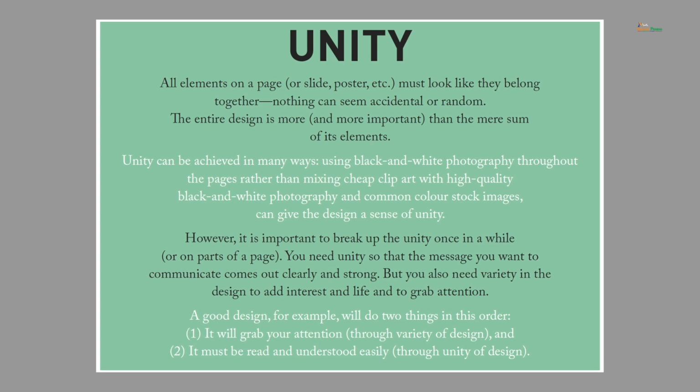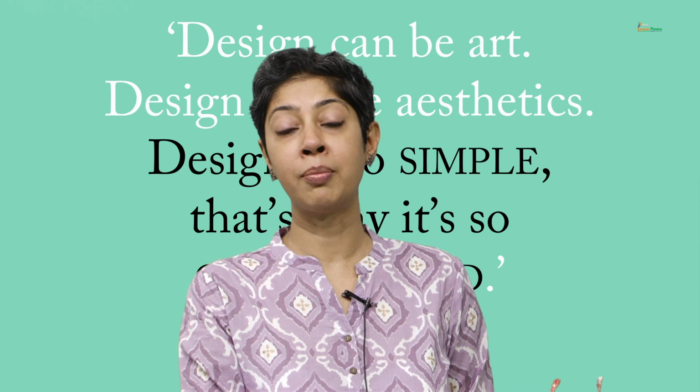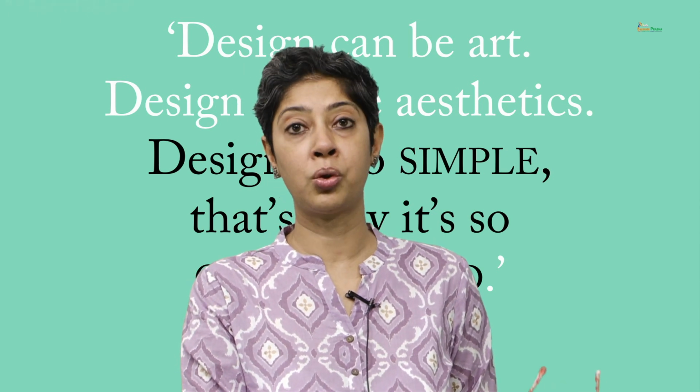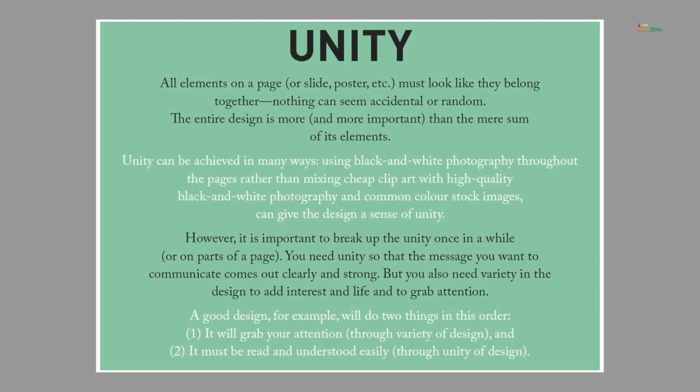Nothing must seem accidental or random, and the entire design, therefore, is more important than every little bit that has been used. Therefore, the overall impression that we create on a page using the two elements I've mentioned in my first lecture, primarily typography and space, together they must make sense, together they must seem as if they are deliberate, and they must convey an impression upon the mind.